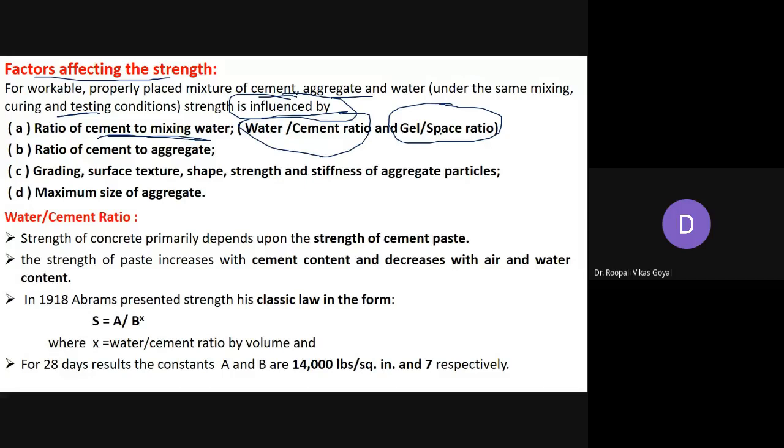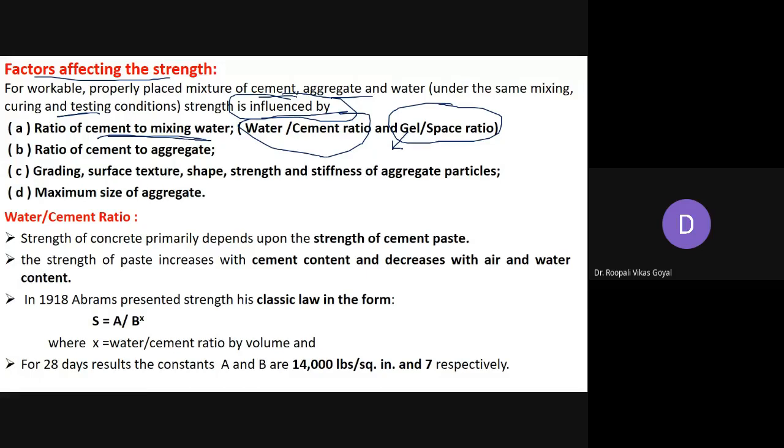CSH gel is the normal gel obtained by the reaction of C2S and C3S with water. The gel formed by hydration, we generally call CSH gel. It is actually responsible for the strength. So instead of talking only about water cement ratio, more specifically it is gel to space ratio: how much hydrated product has formed in your total cement.